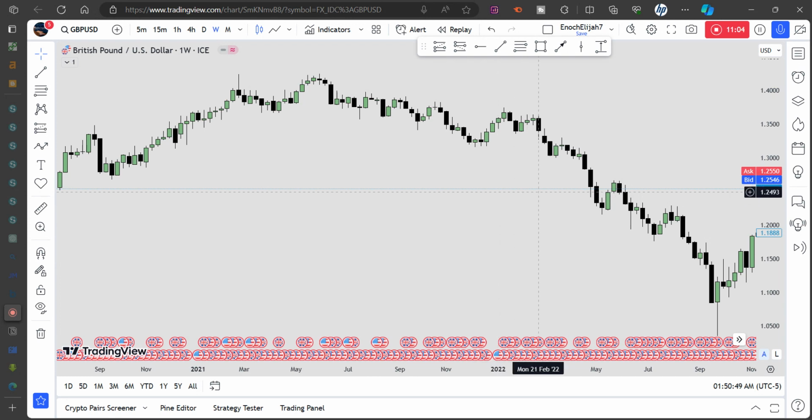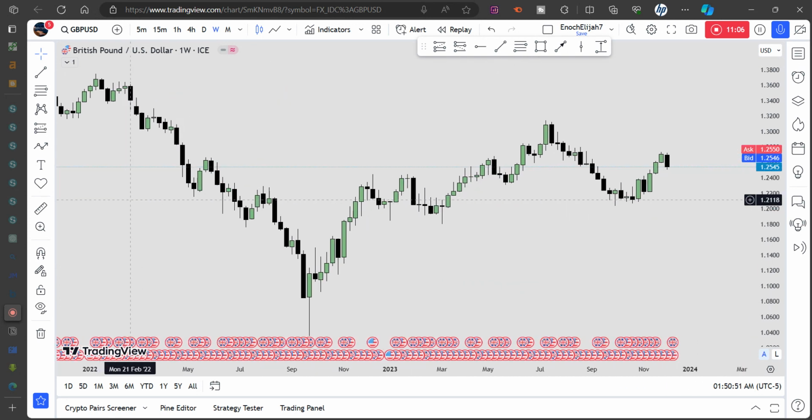So, what is liquidity? Liquidity, in simplest terms, can be defined as the ease at which you can exchange an asset for cash or cash for the asset. It's as simple as that.